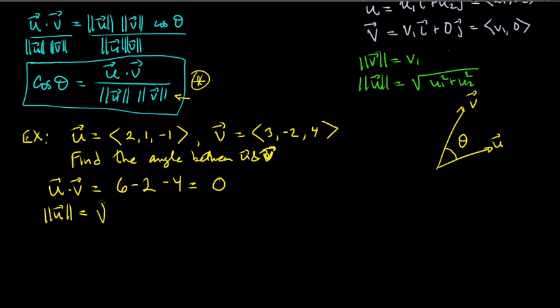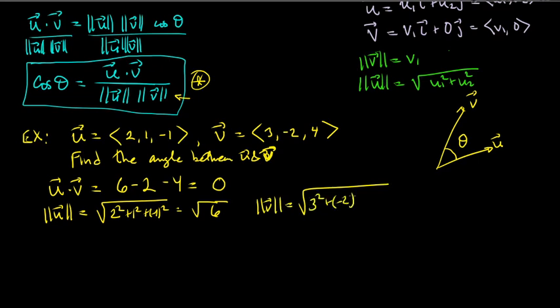But just to complete the result here, the magnitude of u is 2 squared plus 1 squared plus negative 1 squared, 4, 5. So that's the square root of 6. And the magnitude of v is going to be the square root of 3 squared plus negative 2 squared plus 4 squared, which I believe is 29. So square root of 29.